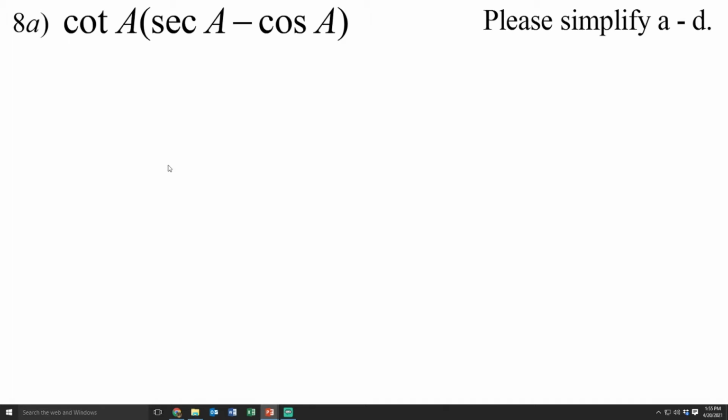So if I look at something like 8a here, cotangent of a times the quantities secant of a minus cosine of a, well, I've got 3 different trig functions in this expression. So many times when you have multiple trig functions, if you use your reciprocal relationships to convert everything into terms of sine and cosine, things will start canceling out and cleaning up rather quickly. So that's probably what I'm going to do with something like this.